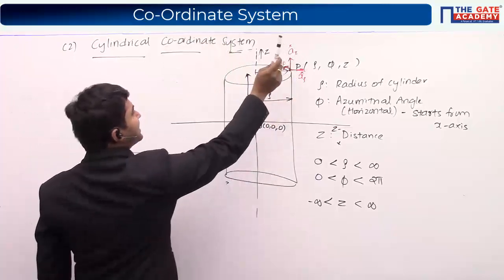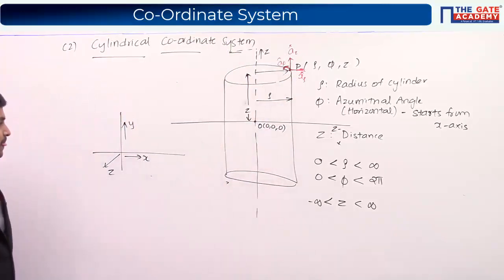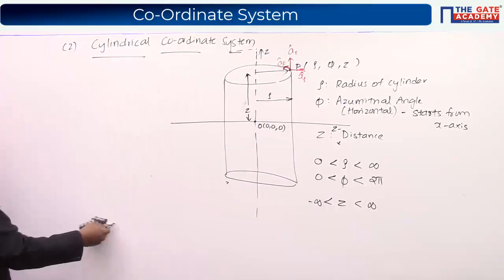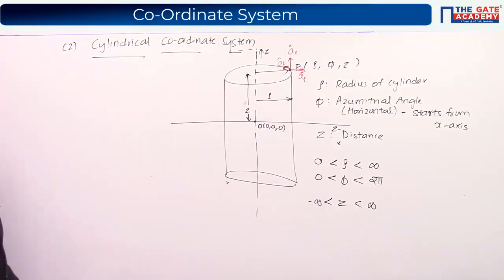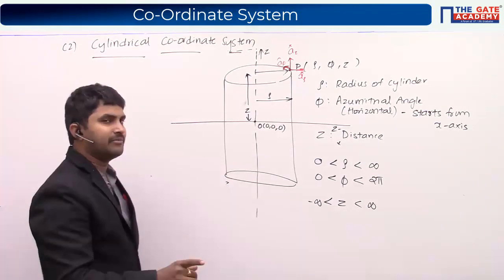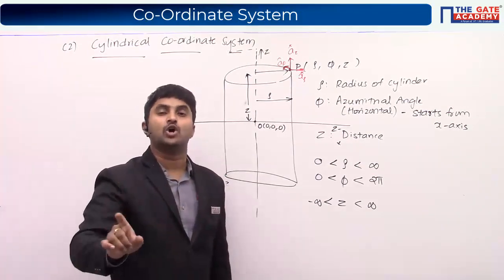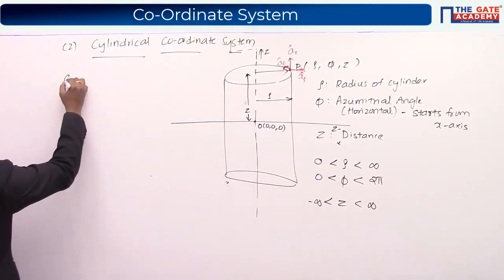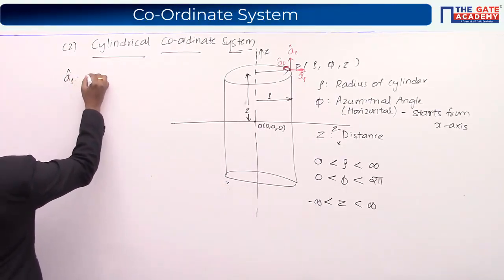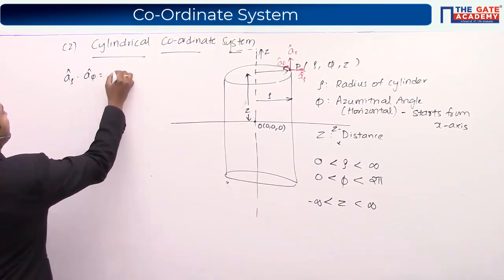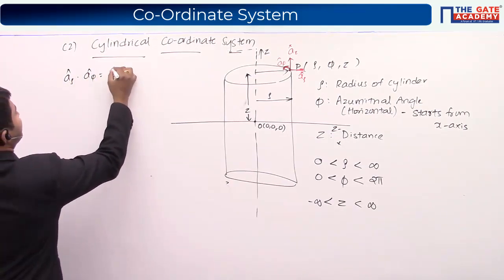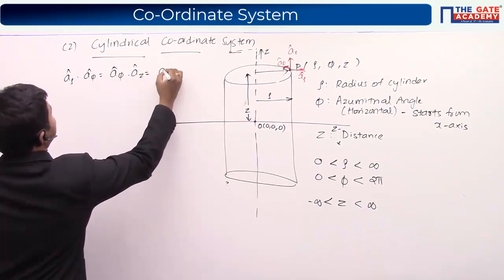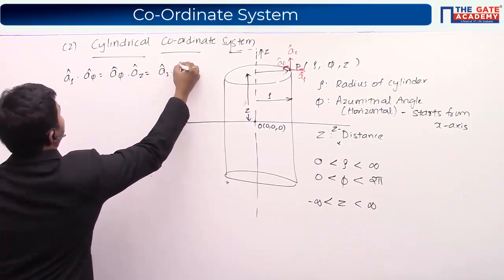Aero cap, Az cap, A phi cap. Now I told you that all of them are going to satisfy orthogonality. So when they satisfy orthogonality, aero cap dot A phi cap will be equal to A phi cap dot Az cap, which should be equal to Az cap dot aero cap.